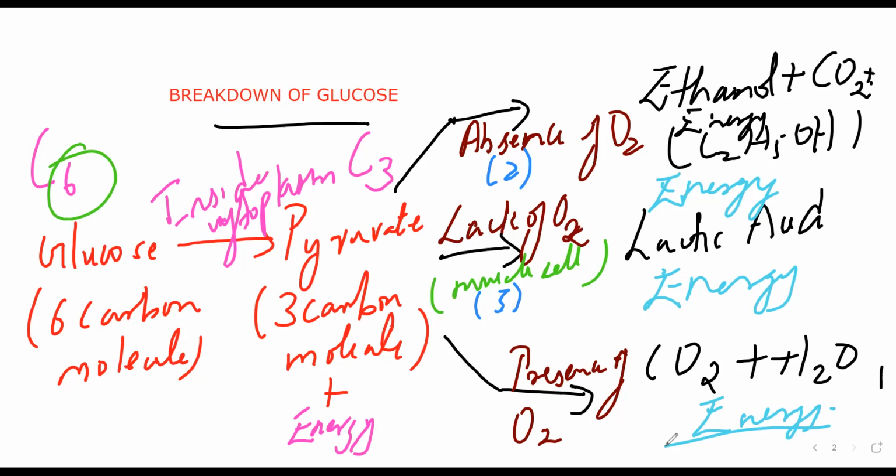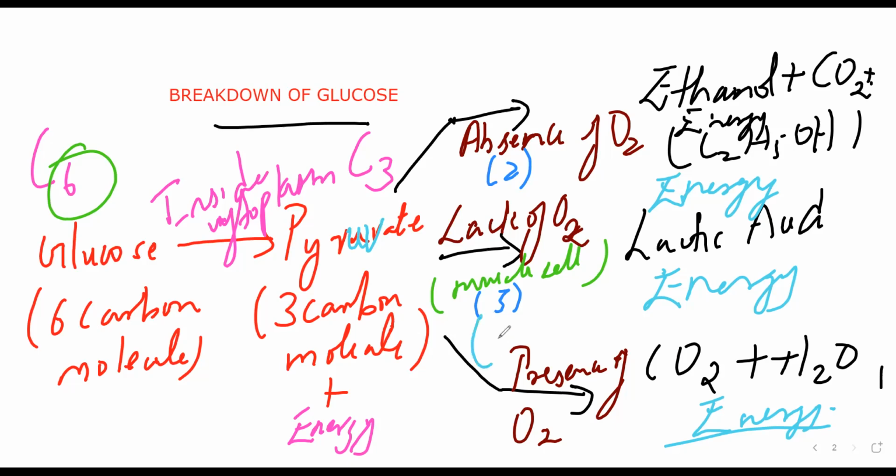Okay, yeah. So this is basically the breakdown of glucose by various pathways. So six carbon molecule. What will happen first? Three carbon molecule plus energy. Yes, that is called pyruvate. And there are three cases. Absence of oxygen, then lack of oxygen, and presence of oxygen. Presence of oxygen, where it will happen?